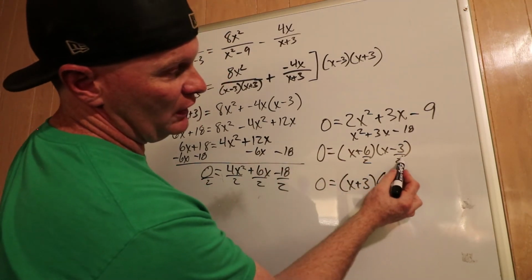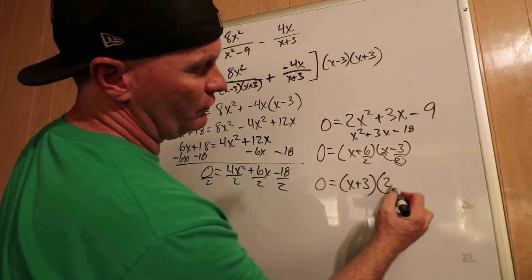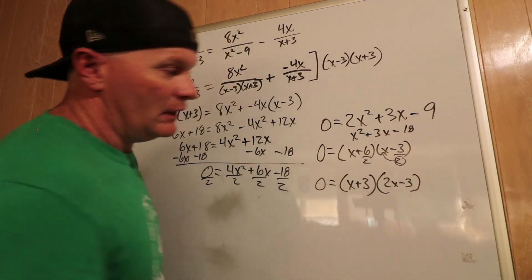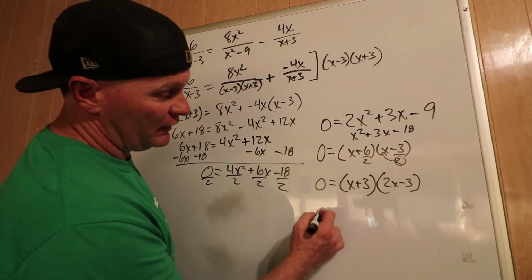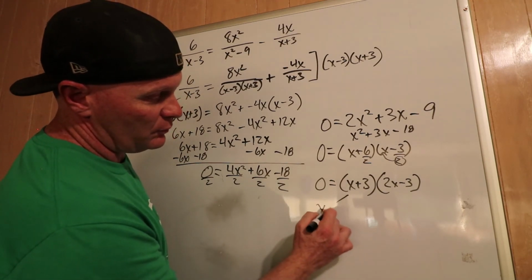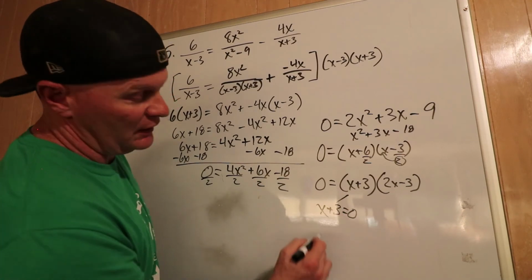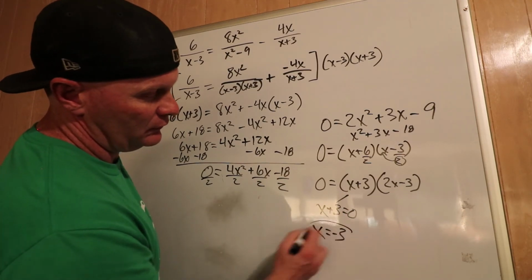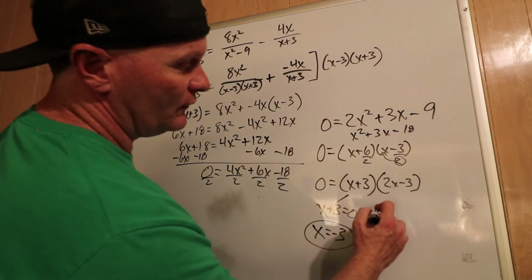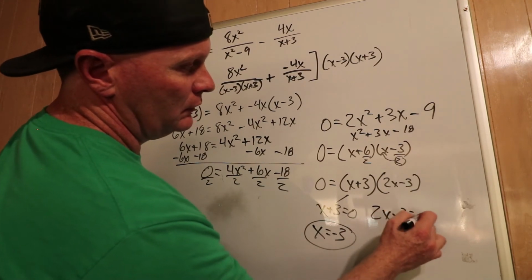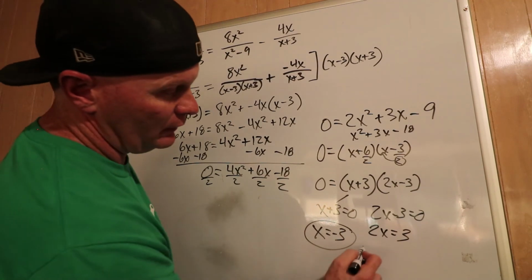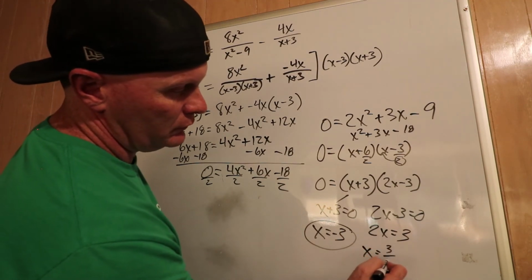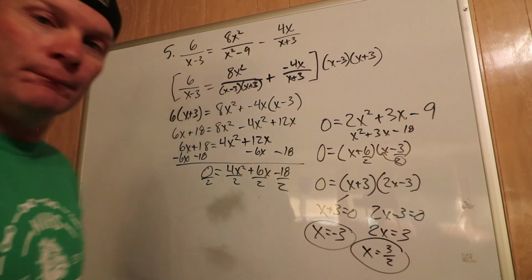And then remember, if you can't simplify, the 2 goes in the front. Okay, if you didn't get that, use the quadratic formula. Okay, once you get it factored though, this one, x plus 3 equals 0. If I do minus 3 from each side, I get that. Same thing here. I'm going to do plus 3 on each side, and then I'll divide by 2, and those are my 2 answers. Okay?